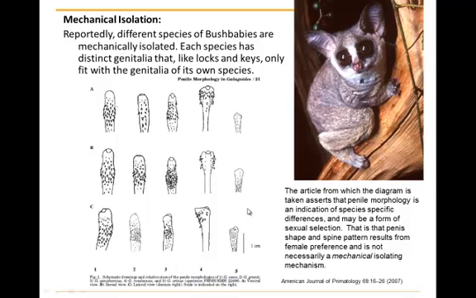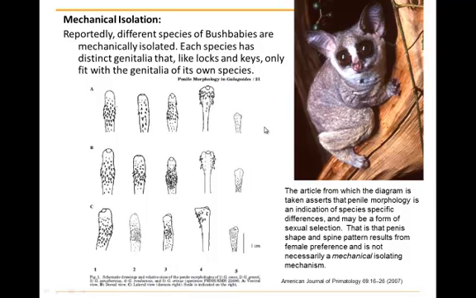That is, one penis shape is more preferred than another by females, and so this could be a way that we could have sexual selection as well as mechanical isolation, or instead of mechanical isolation. So I wouldn't definitively claim that bush babies have mechanical isolation, but it has been supposed in the past that that is a possibility. But here's an alternative hypothesis.